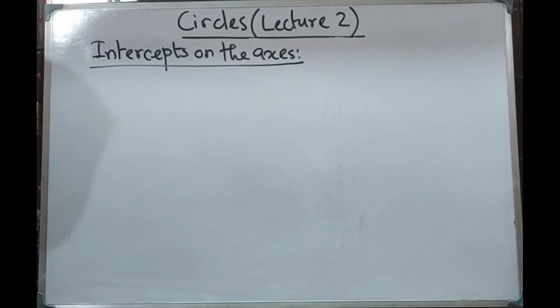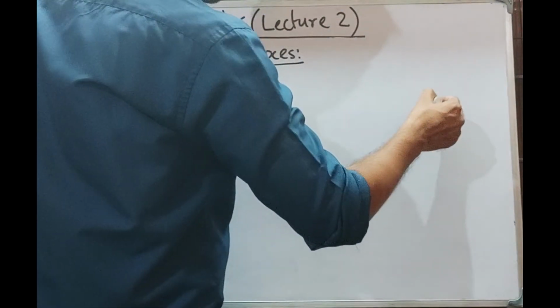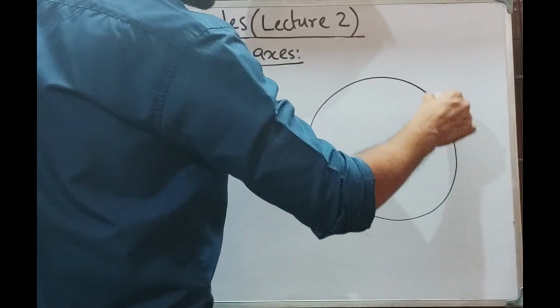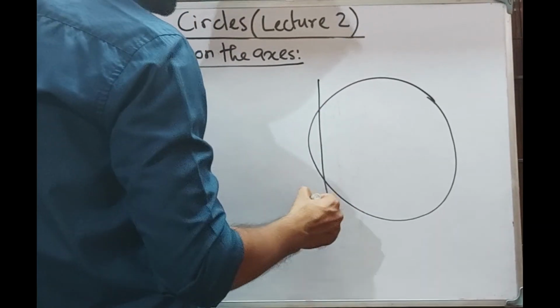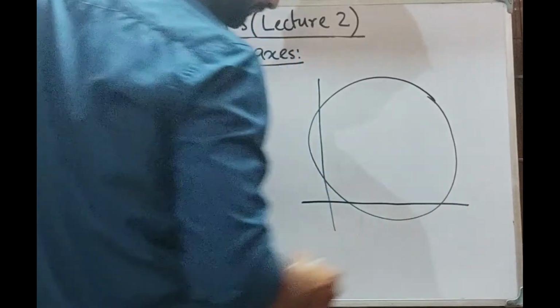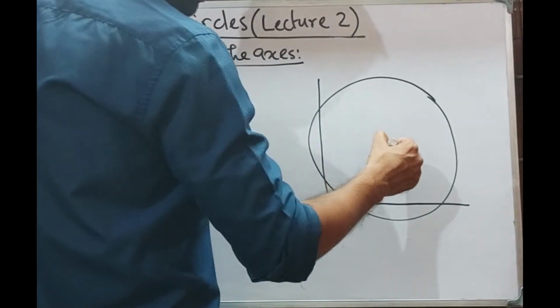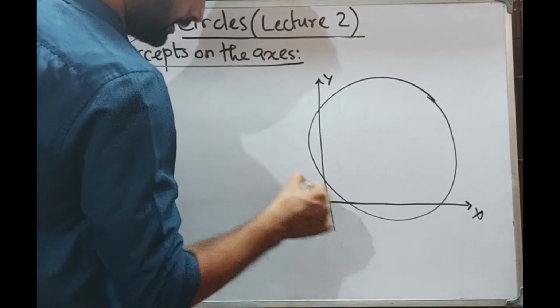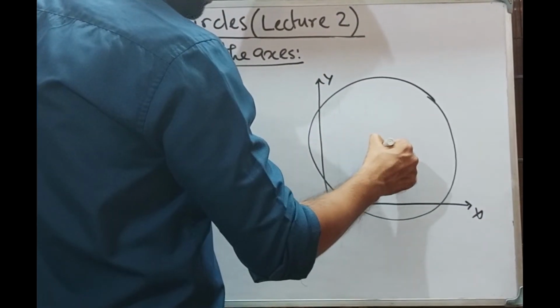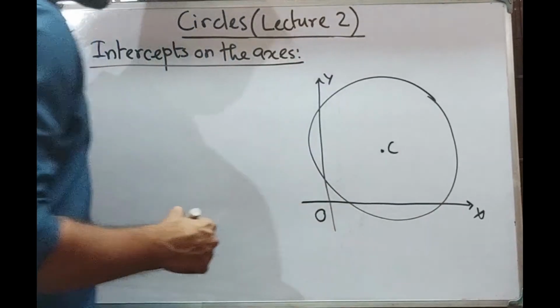Okay, so now the next topic is intercepts of a circle on the coordinate axis. So I am taking the circle here like this, where the x-axis and y-axis I am drawing like this. So let me take here x, y and origin here, and if I put the center here, so this is the picture.